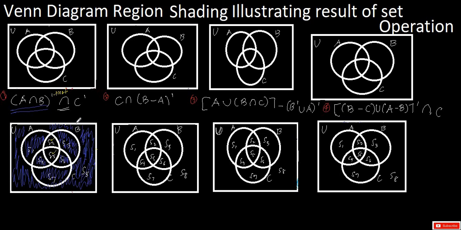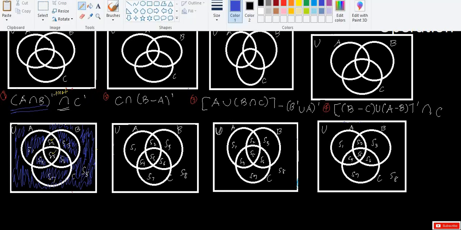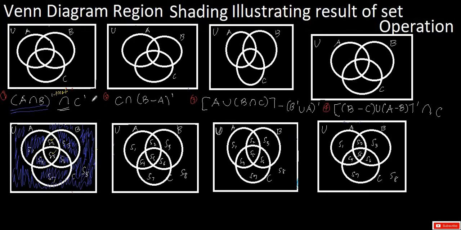Okay, and then we will use the red color for the complement of set C. Here we are going to shade the regions in the Venn diagram which are not regions of set C. Now here, the regions of set C are S sub 4, S sub 5, S sub 6, and S sub 7.